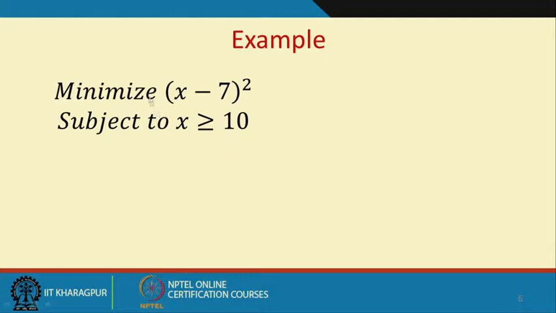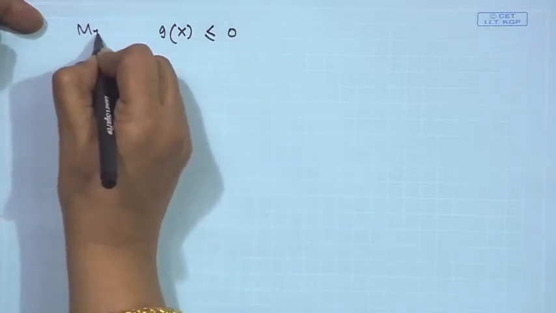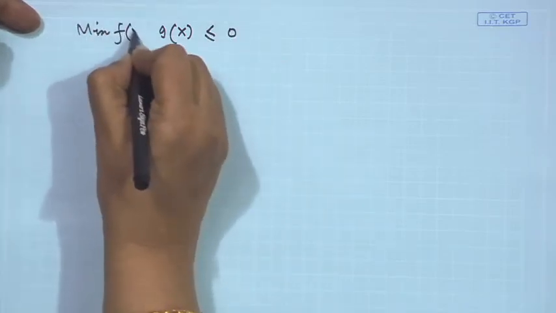Now, this is one of the examples: minimize x minus 7 whole square, subject to x greater than or equal to 10. Always, once we have the minimization problem, let us construct the constraint as g x less than or equal to 0, minimization of f x.